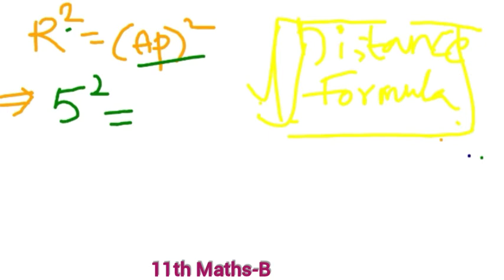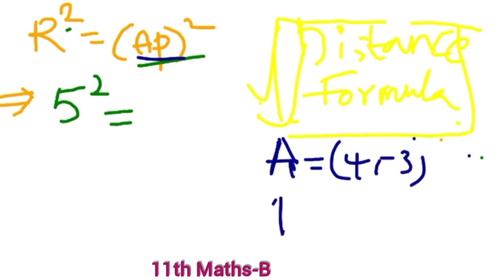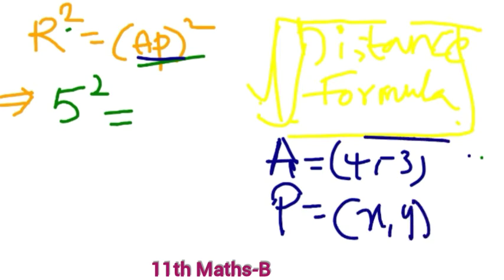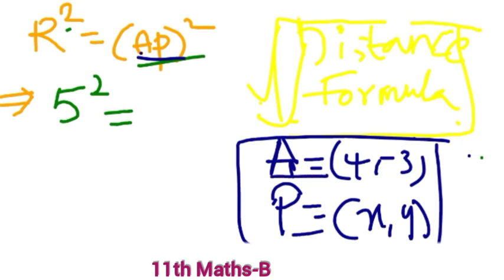Okay, now here what are our A and P? A is equal to (4, -3), and P is equal to (x, y). Okay, this is right. So here first we have to take A and P. Firstly we have to take the first terms of both A and P. The first term of A is 4, and the first term of P is x.